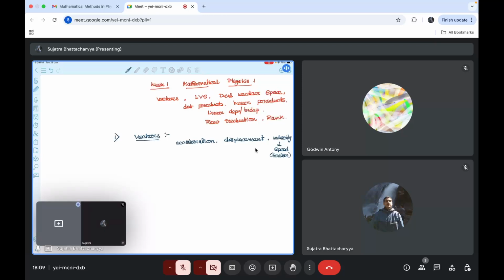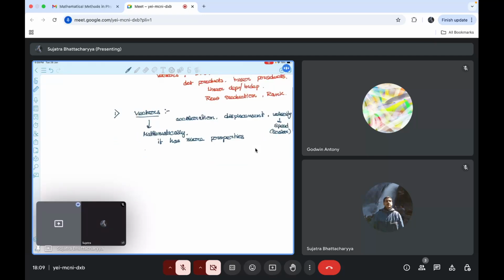Mathematically, it has some more properties, and those properties we will see.